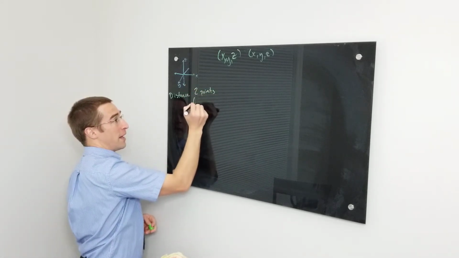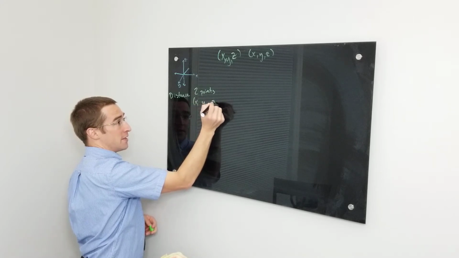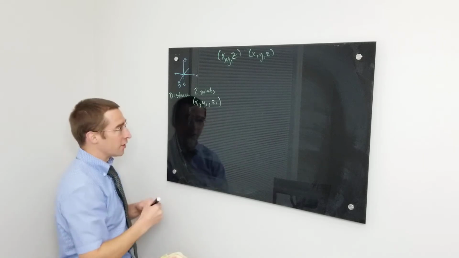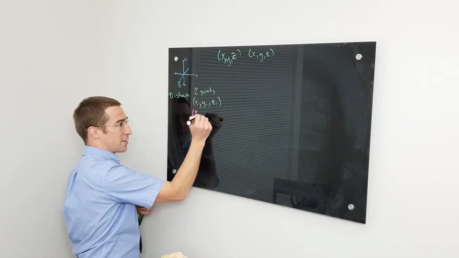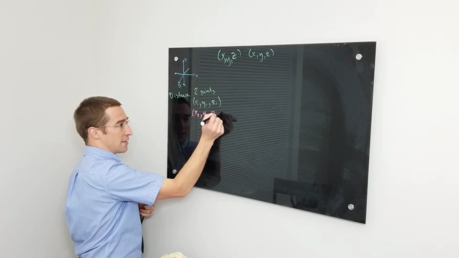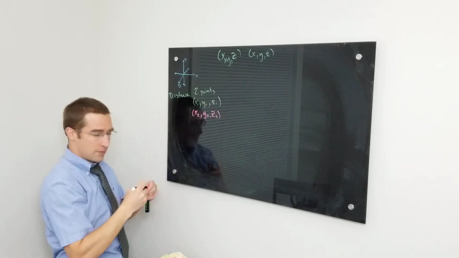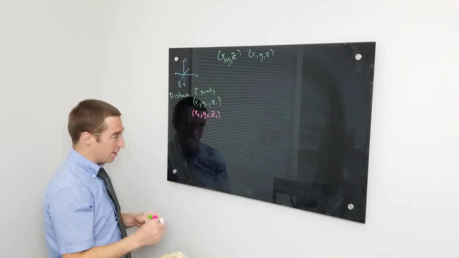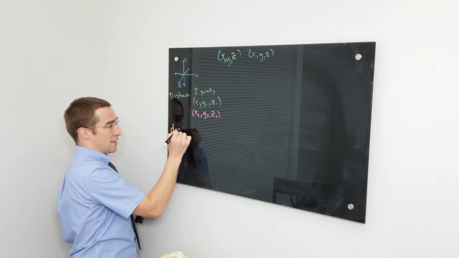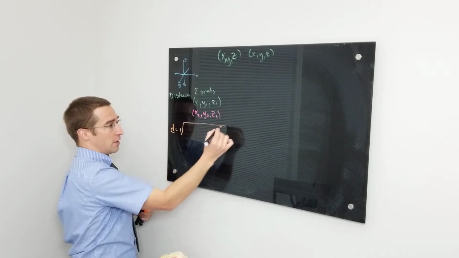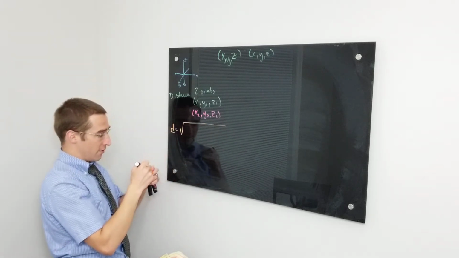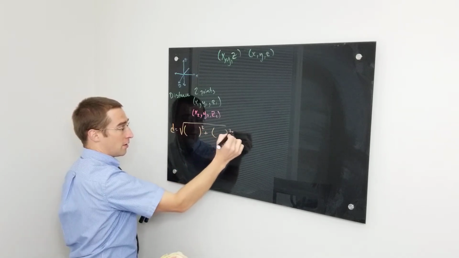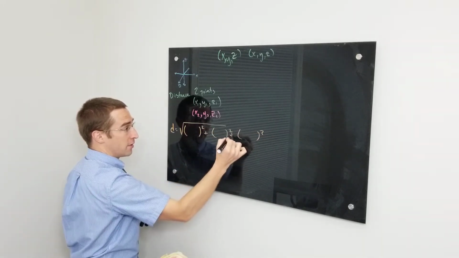We're going to write them as x1, y1, z1 with commas. And then we have, let's use different colors here, x sub 2, y sub 2, z sub 2, with little subscripts. I want to know the distance between them. The distance d is equal to the square root of the sum of the squared differences of all 3 pairs.